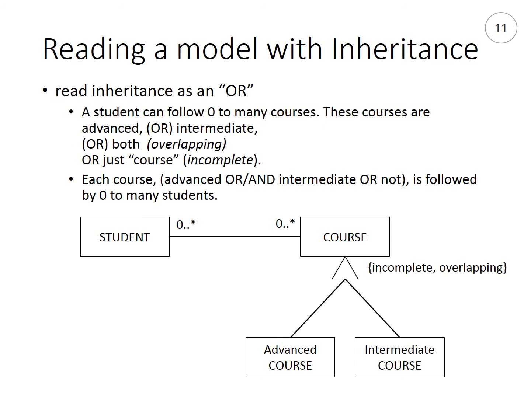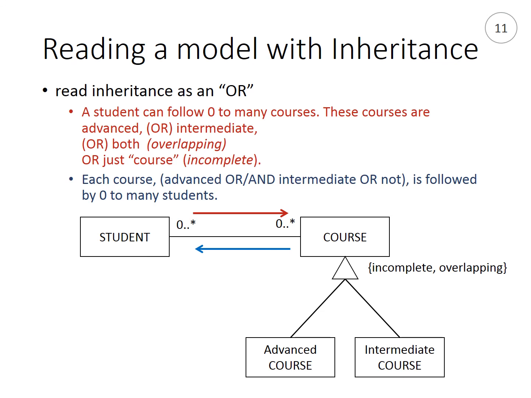And here's another example. Reading from student to course means that a student can follow 0 to many courses and that these courses are advanced or intermediate or both or just courses because inheritance is incomplete and overlapping.